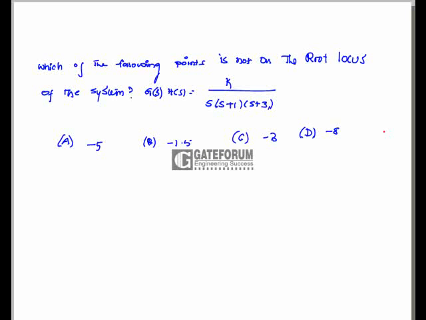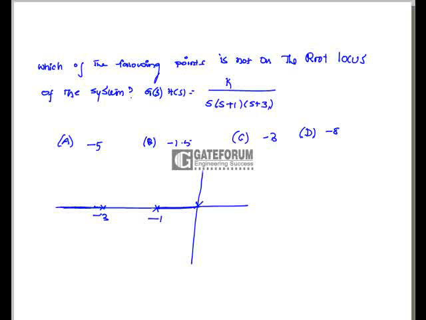Which point does not lie on the root locus of the system? The open loop transfer function is given as G of s H of s. If we plot the root locus for the given open loop transfer function, the poles are located at 0, that is the origin, -1, and -3. A point on the real axis is on the root locus if, to the right of that particular point, the number of poles and zeros is odd. Looking from here, this portion is in the root locus, and this is also in the root locus.